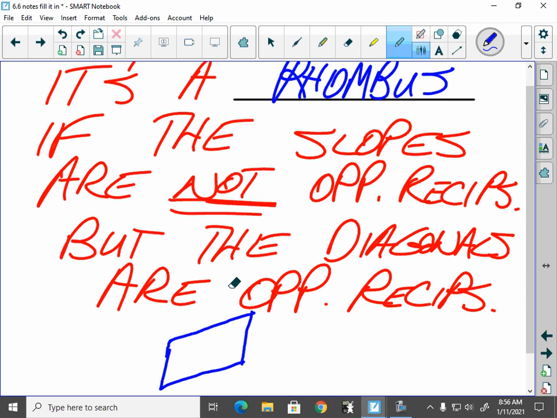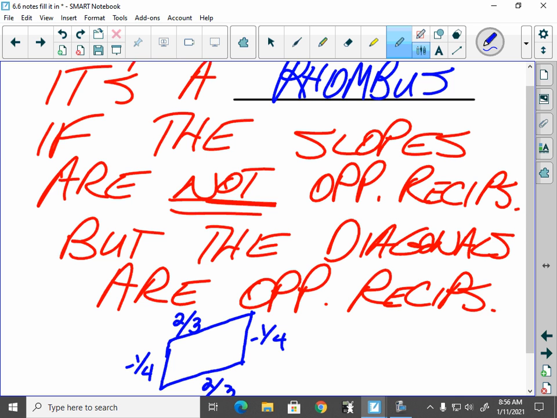Okay, so let's say that this was 2/3, and this was 2/3, and this was -1/4, and this was -1/4. Are 2/3 and -1/4 opposite reciprocals?